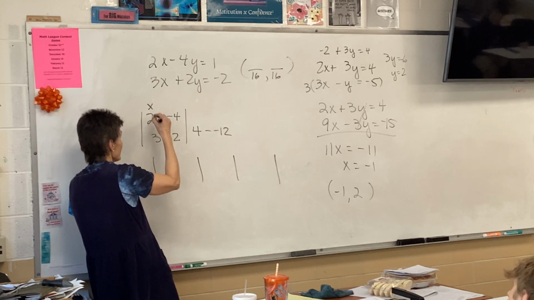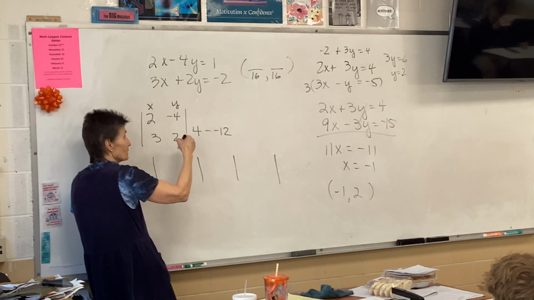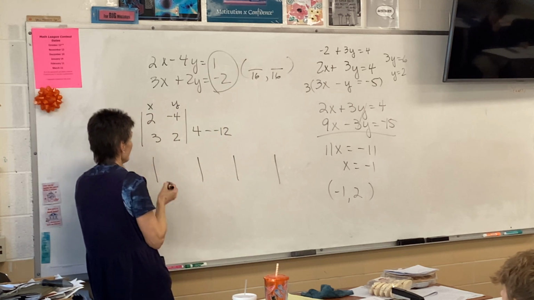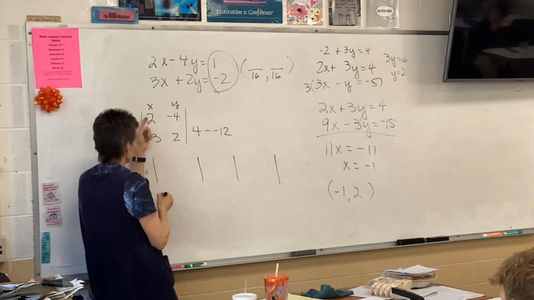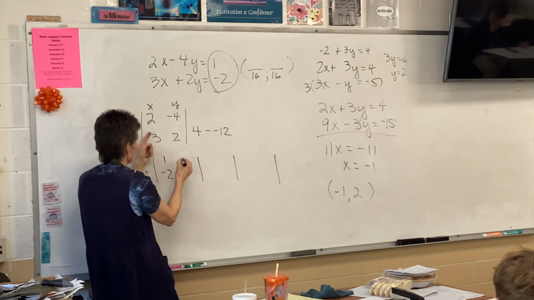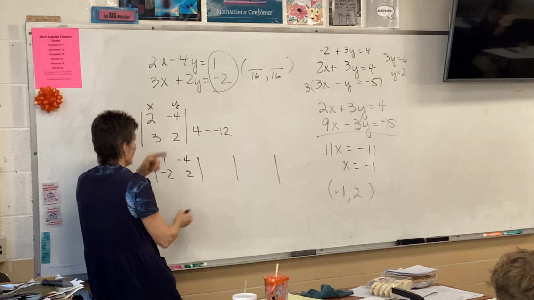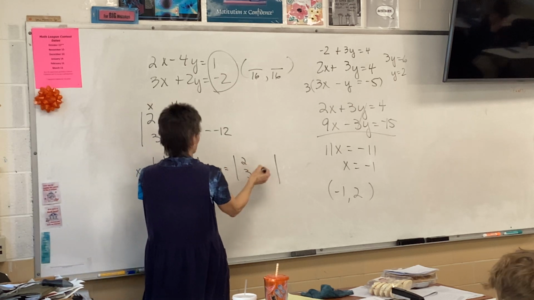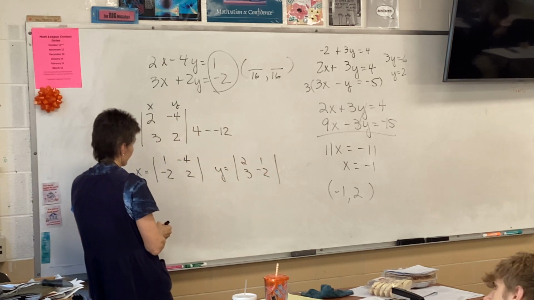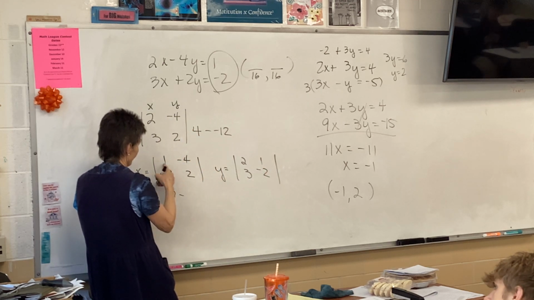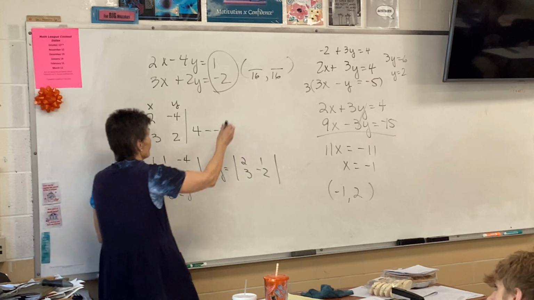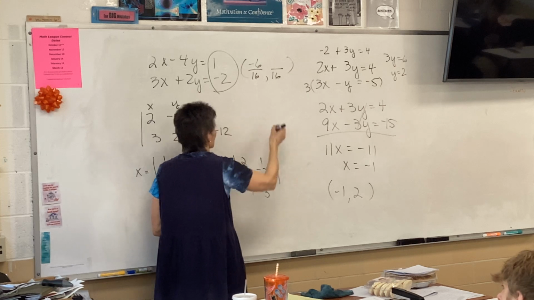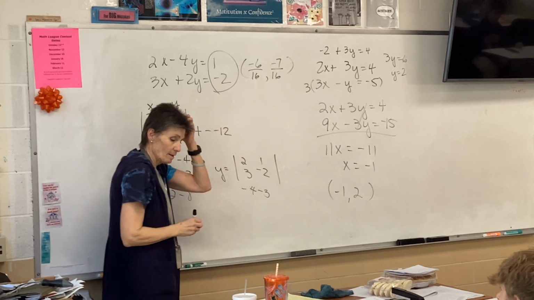So remember, these are your x numbers, these are your y numbers. So we're going to cut these out and paste them. If I'm doing x, I'm going to cut those out and paste them in the x column. And then when I do y, I'll paste them in the y column. Tell me what you think.